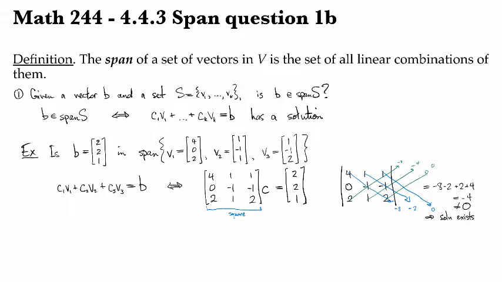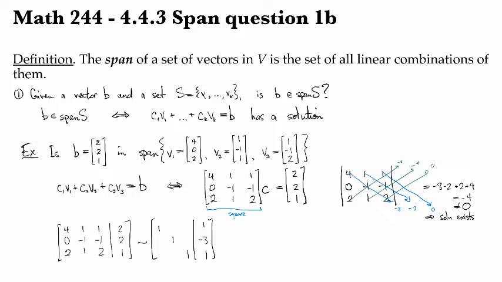Now, if you actually wanted to know what those coefficients c1, c2, and c3 are, if the problem was phrased slightly different, or maybe you were just curious, you could go ahead and find that by doing what we did last time, which was to row reduce the augmented matrix. If you do that row reduction, you will get the identity here because the determinant of the coefficient matrix is non-zero, so it's invertible, so its reduced row echelon form will be the identity. And you end up with 1, -3, 1 over here on the right side of the bar.